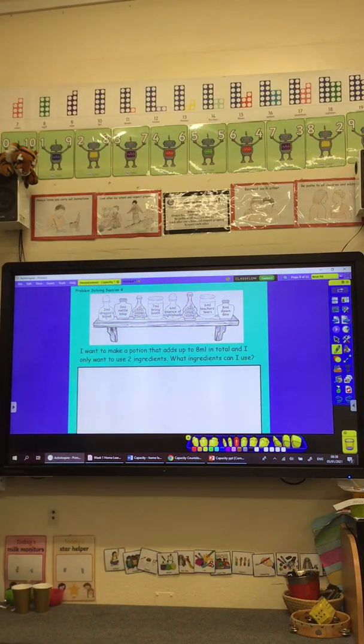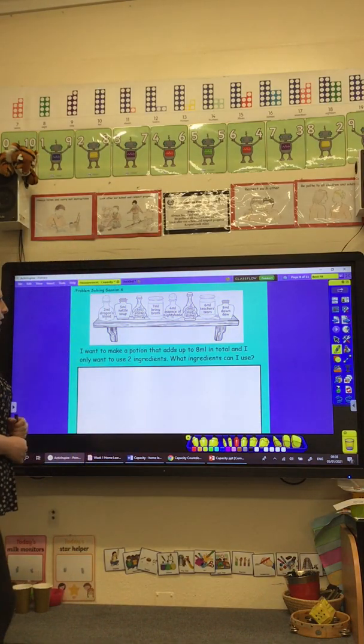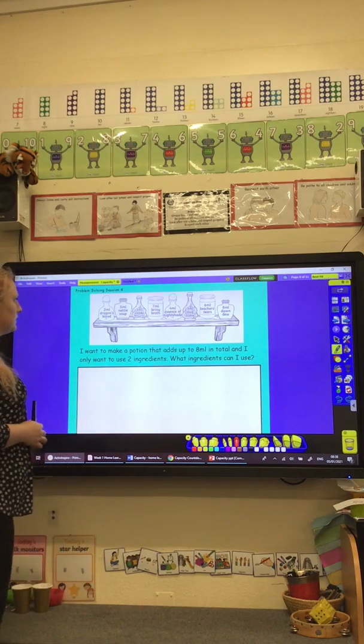Now I have got some potions, and when you're learning about liquid we like to make some magic potions. So I've got different amounts of the different potions at the top.